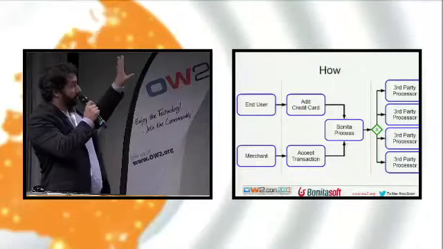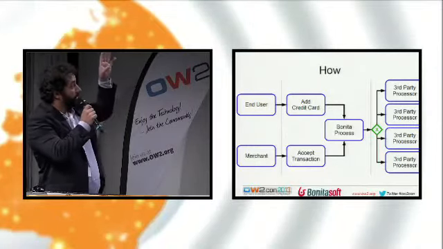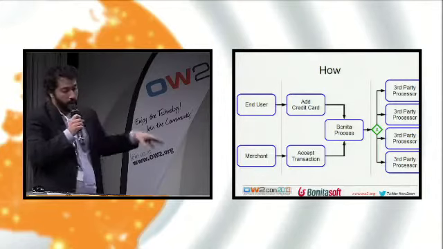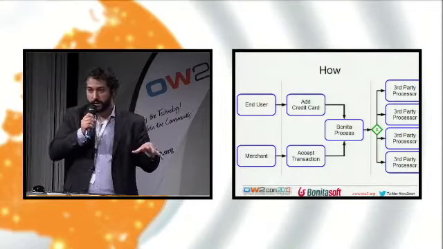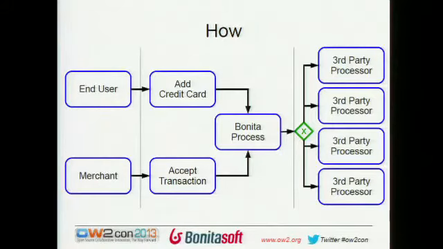So they hired one of the experts from insurance, highly skilled in BPM, and they looked at how they could use a BPM solution to add more flexibility to their development process. So you have the two parts, end user and merchant. In the middle you have a Bonita process that handles everything about credit cards, transactions, and payments, and through a specific process addresses the transaction to the right processor.